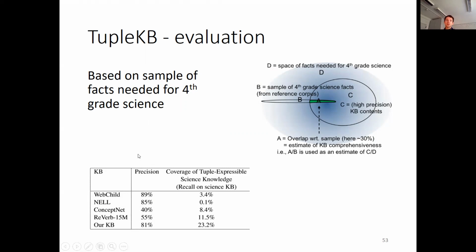Their idea was they took sample text from 4th grade science books, manually coded the statements that were expressed in these sentences, and then checked how many of these statements were in each knowledge base. And so they found a reasonable coverage of 23%. So about a quarter of the statements needed for 4th grade science are contained in Tuple KB.